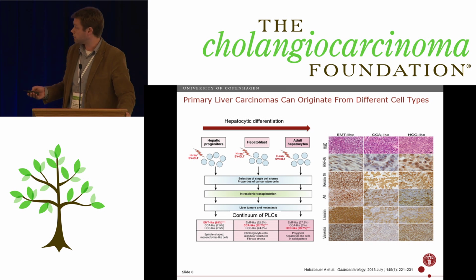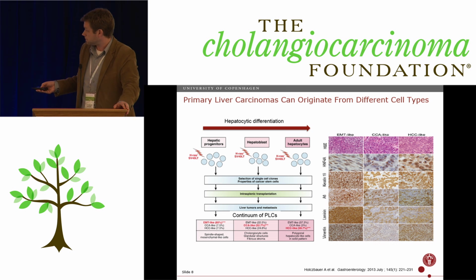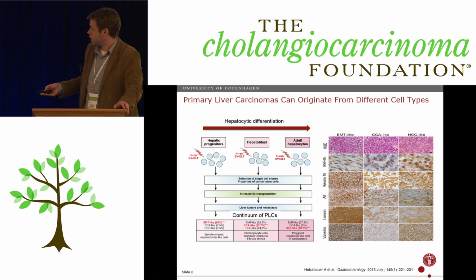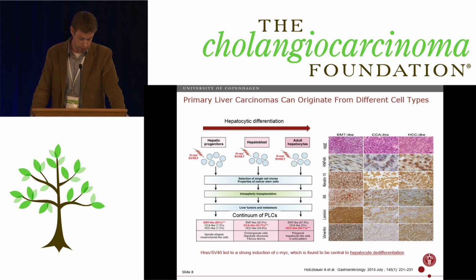To our surprise, we saw a continuum of primary liver cancers, from an undifferentiated epithelial-like type derived from the hepatic progenitor cells, to more cholangiocyte-like tumors from the hepatoblasts, to a more hepatocellular carcinoma-like tumor from the adult hepatocytes. And in total, the HRAS SV40 led to a strong induction of c-Myc, and c-Myc has been found to be central in the hepatic or hepatocyte dedifferentiation.